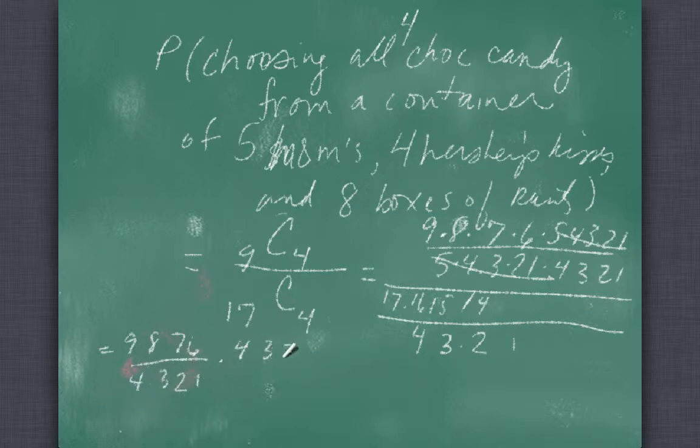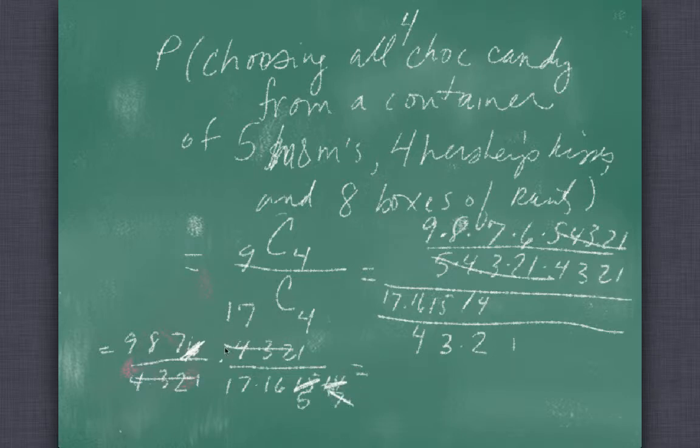I'm dividing two fractions, so let's see. I can get rid of 6 by taking a 3 from here and a 2 from here.